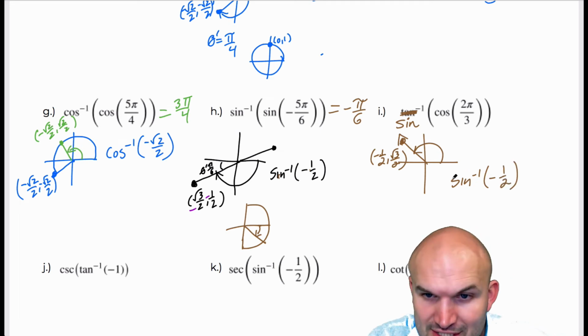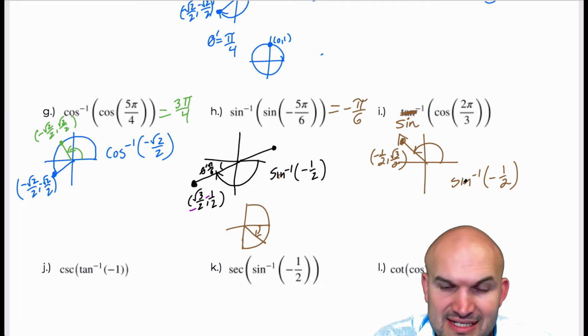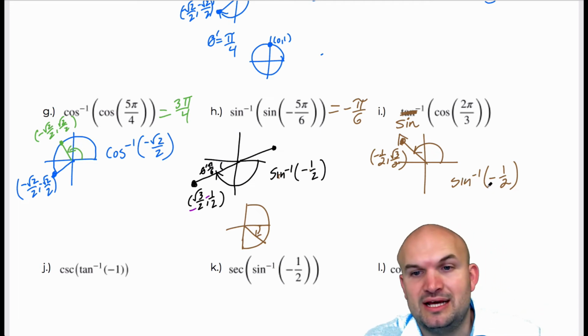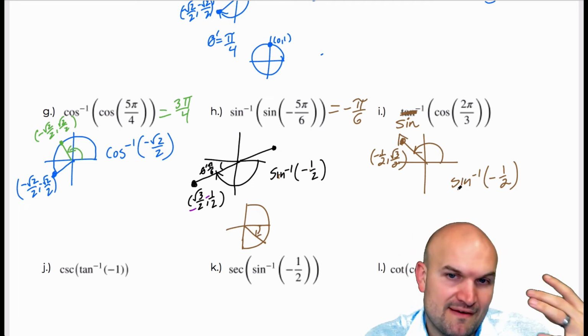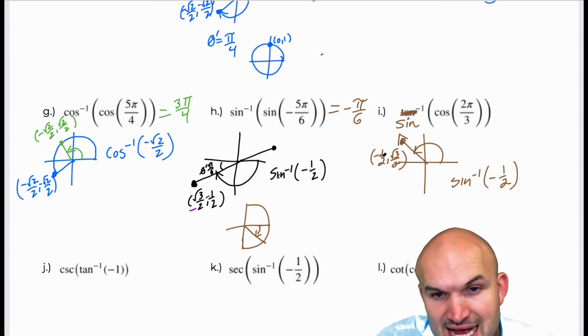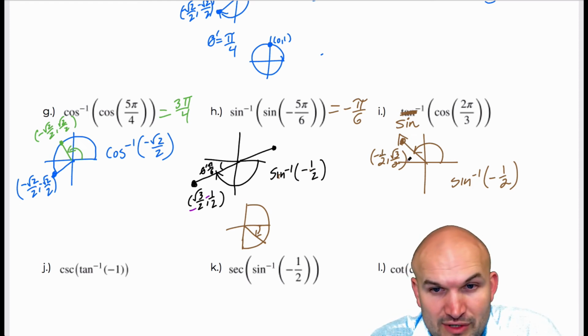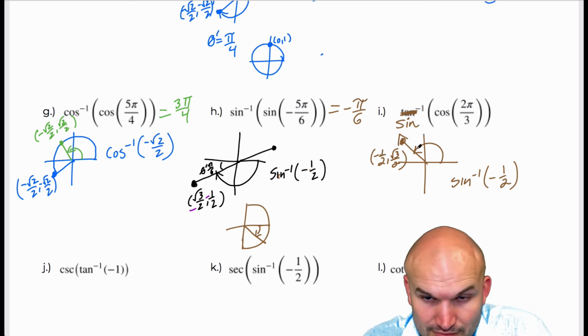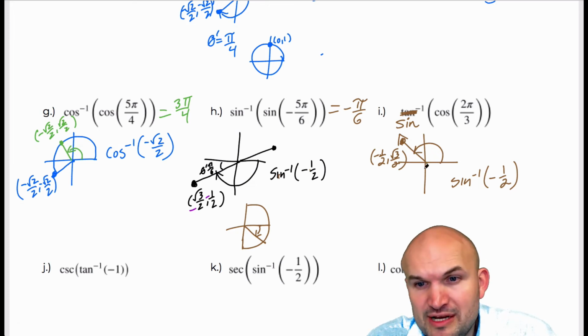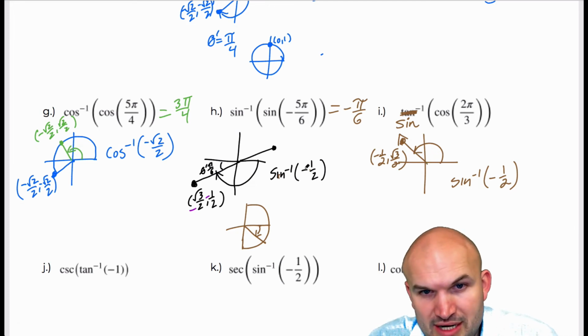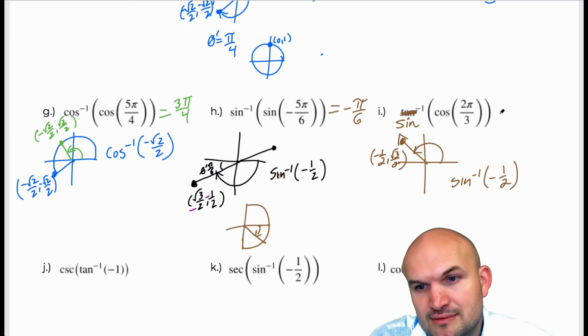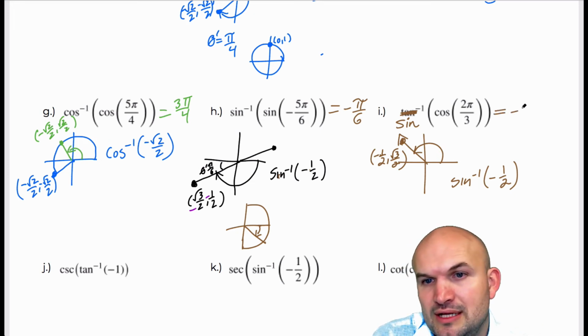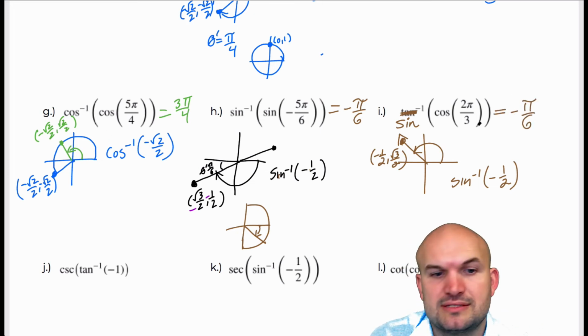And if I wanted to find the sine inverse of negative 1/2, I've got to see what is the angle that meets that within the restriction, because sine is equal to negative 1/2 not for pi over 3, but for pi over 6, right? And actually, we have the answer right there. So that one's going to equal negative pi over 6.